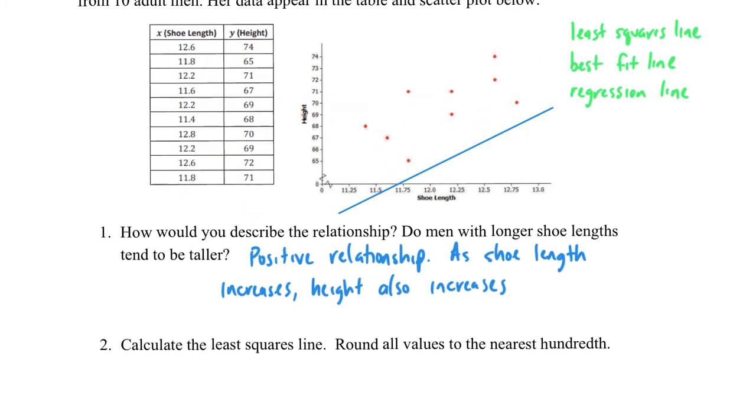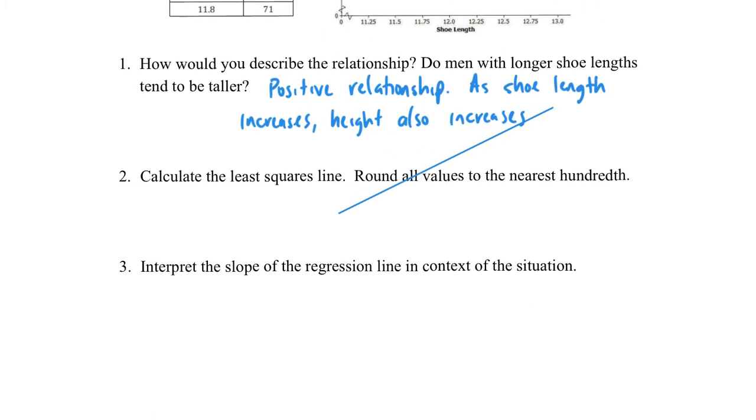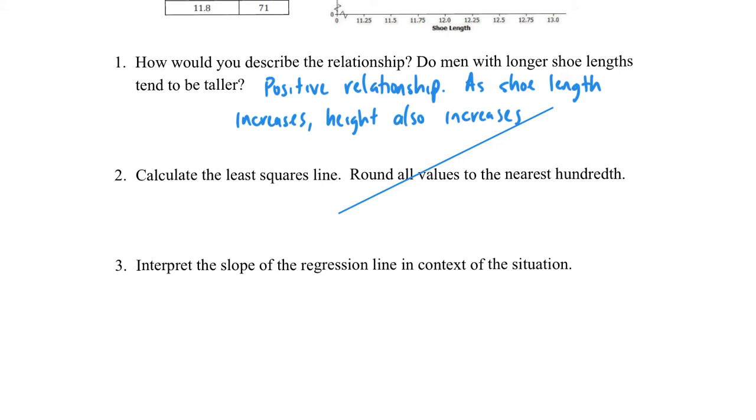All right, and it wants us to calculate that line. I'm going to delete that line since it apparently wants to come along for the ride here. Calculate the least squares line, round all values to the nearest hundredth. Well, I'm going to make a second video that shows you how to do that.